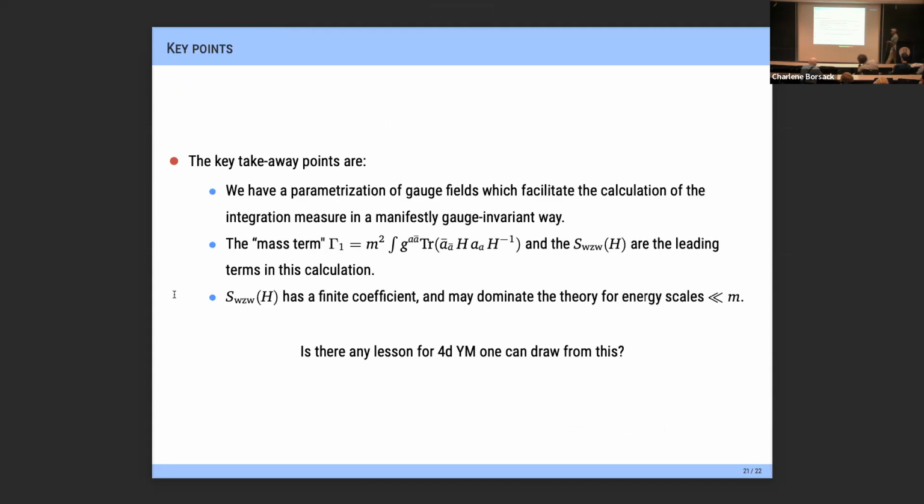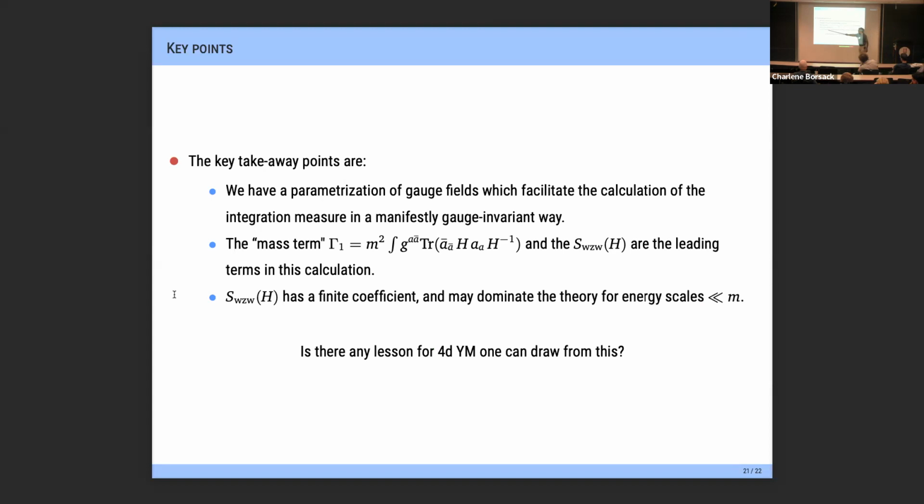Just to summarize, the key takeaway point is we have a parameterization of the gauge fields which allows us to formulate the calculation of the integration measure in a manifestly gauge invariant way. What I call the mass term is one of the terms that we find, and then the Weizmann-Witten term. These are the leading terms in this result.